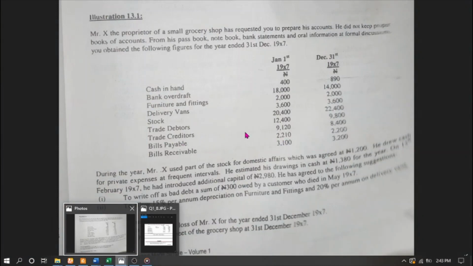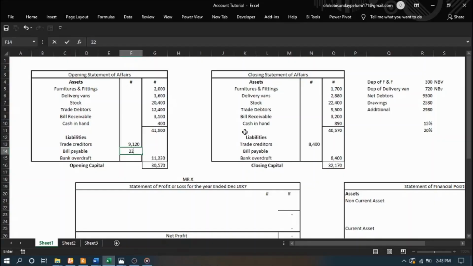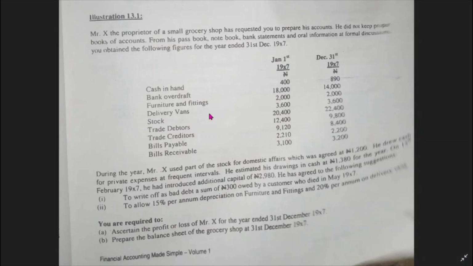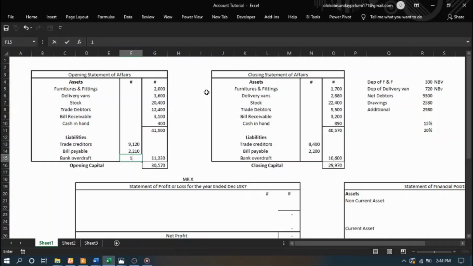Bill payable 2,210, okay, and then 2,200. Bank overdrafts 18,000, 14,000. So alright, we have our opening capital to reduce our money.